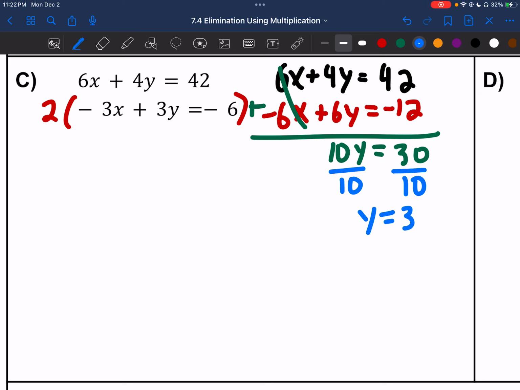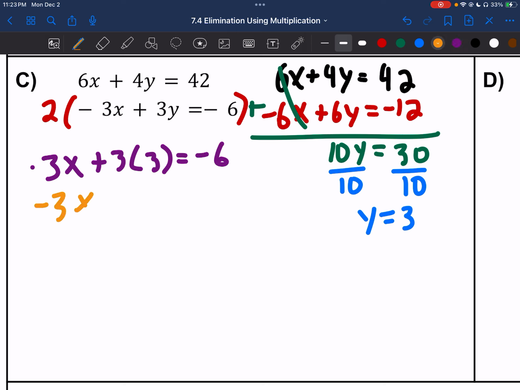Now I'm going to substitute that back into one of my original equations. I'm going to take the bottom one, negative 3x plus 3 times 3 is equal to negative 6.